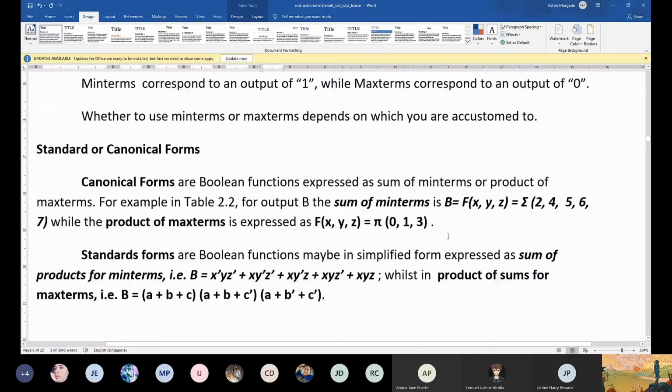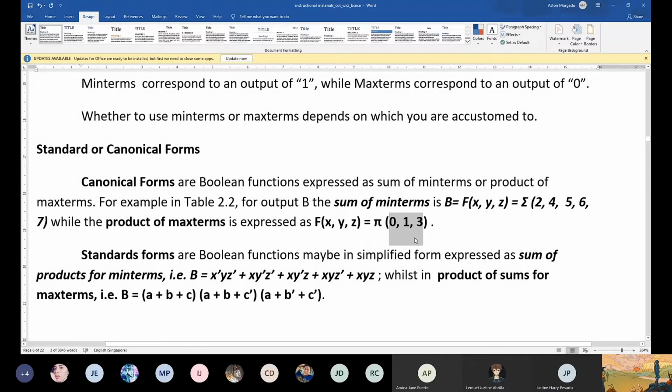As you can see, the numbers for minterms are complementary with the numbers for maxterms. It can't be both 0 and 1 at the same time for the output of one input.